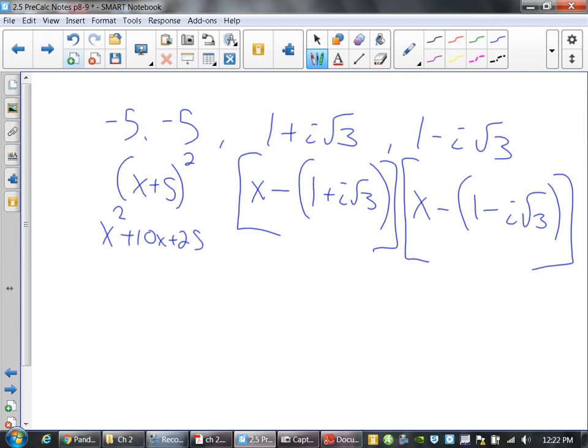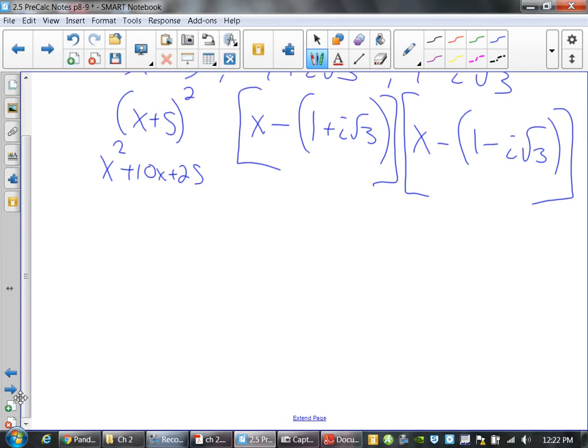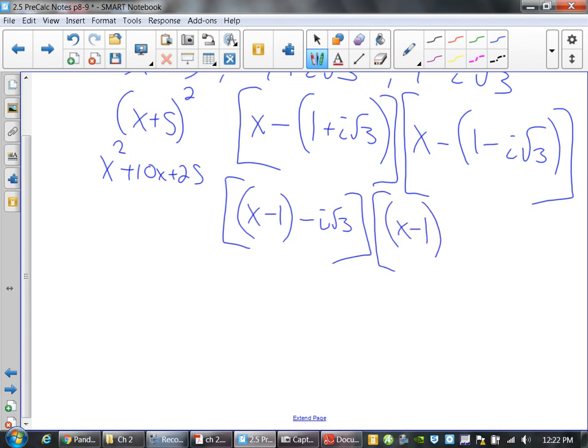Distribute out your negatives. When you distribute it out, you get x minus 1 minus i root 3, and then you have another x minus 1 plus i root 3.